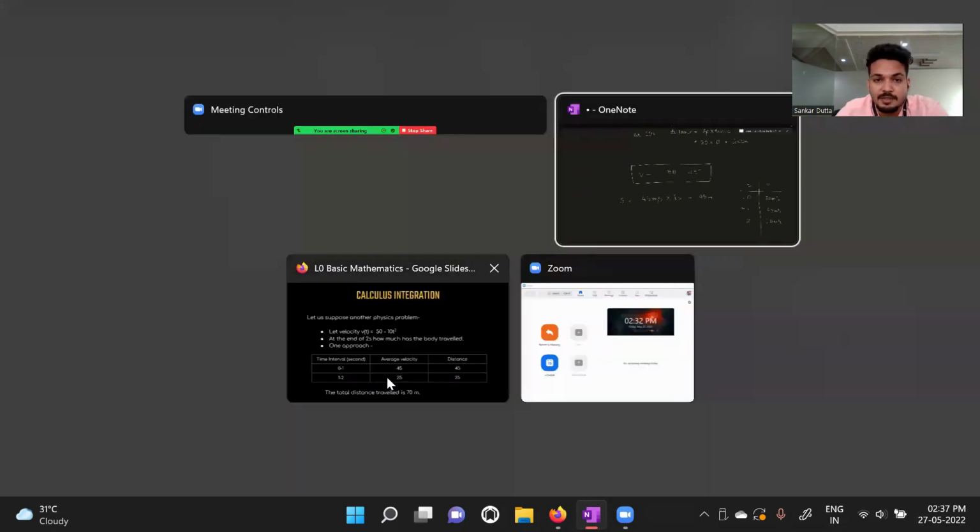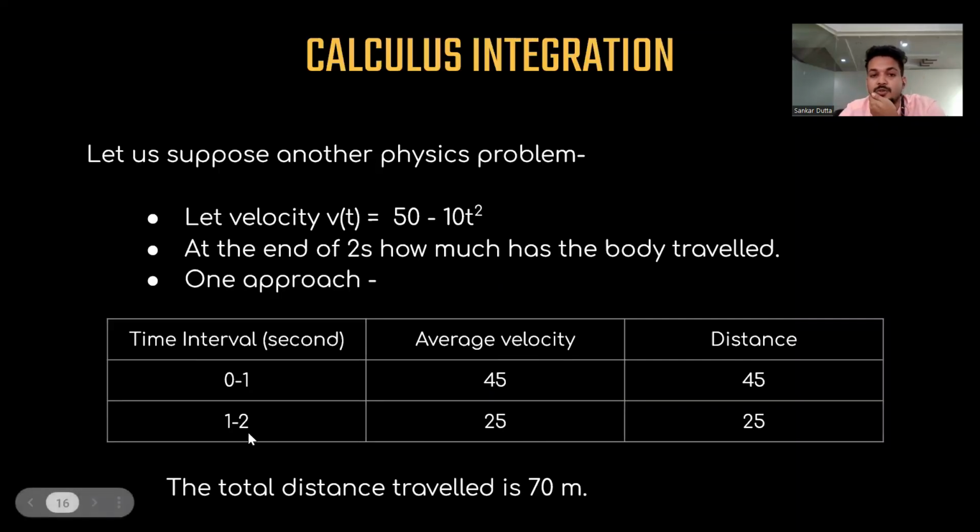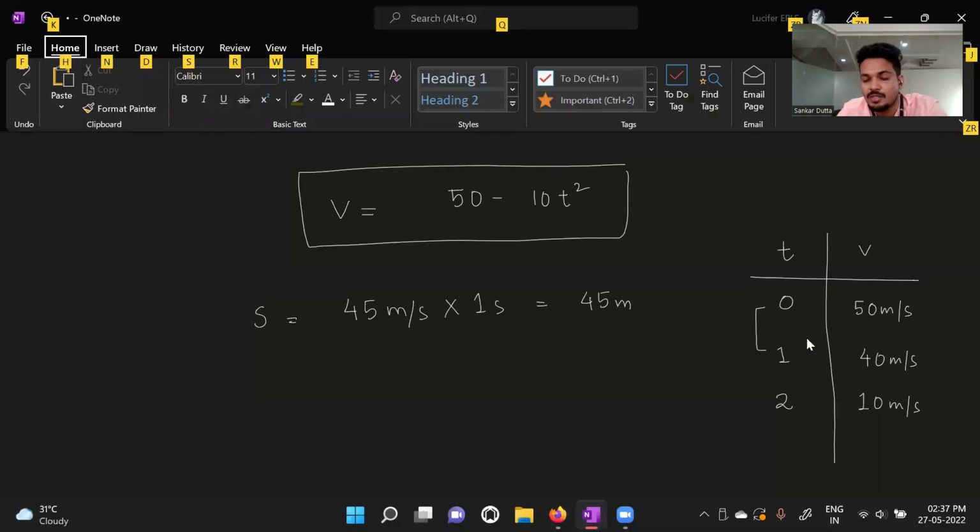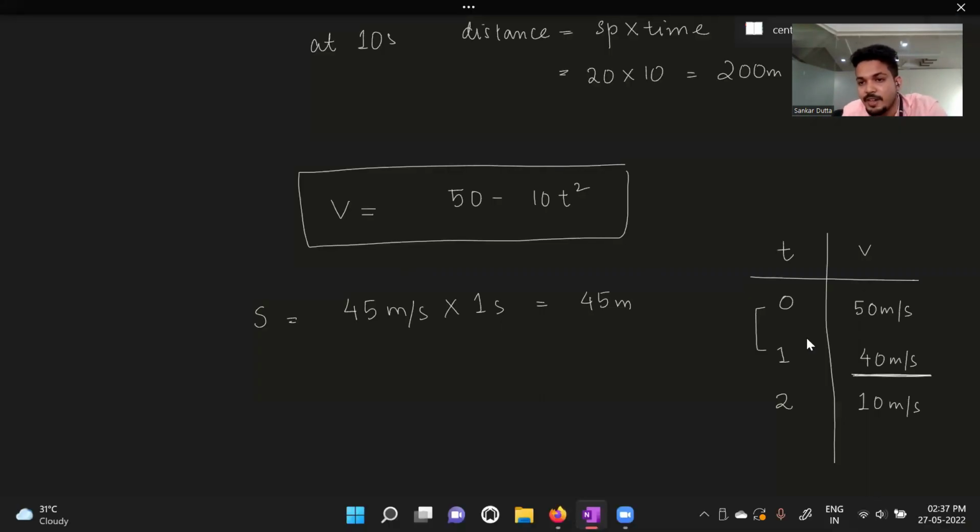Let's similarly do this for the other one. From 1 to 2 seconds, the average velocity will be how much? We just found out that at 1 second the velocity was 40 meter per second, and at 2 seconds the velocity is 10 meter per second. So maybe the average velocity is 40 plus 10 by 2, which is 50 by 2, 25 meter per second.